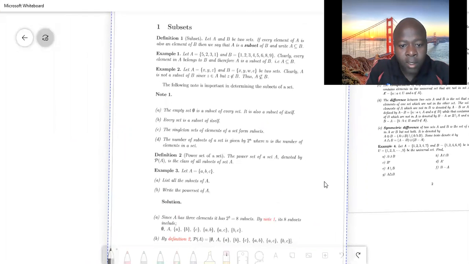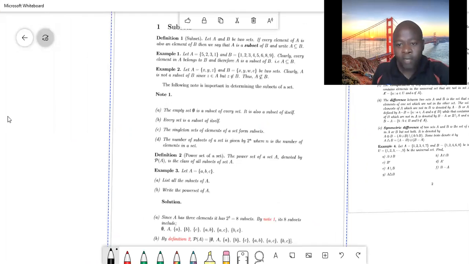So what I mean is, if I'm given a set and I'm asked for the power set, the first thing I'm supposed to do is to get the subsets of that set, and then I write them. From there I can tell what the power set is. I'll show you an example.